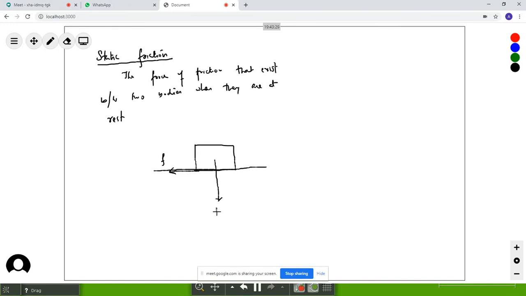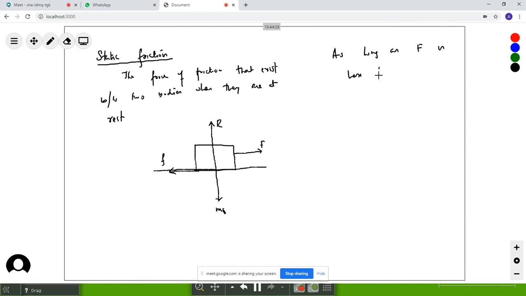So here is the normal reaction R, weight mg, this is R, right? Correct or not? Yes, sir. So now, what is limiting friction now? Let's see. I'll say like this. As long as F, I think you can understand what F is. F is the applied force.